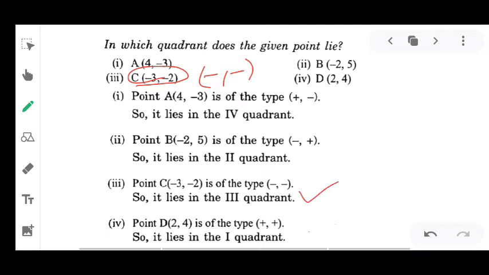Like that, the fourth one, d, 2 comma 4, this point will lie in the first quadrant because this is of the plus plus type. So plus plus type will lie in the first quadrant, minus minus will lie in the third quadrant, minus plus will lie in the second quadrant, and plus minus type will lie in the fourth quadrant.